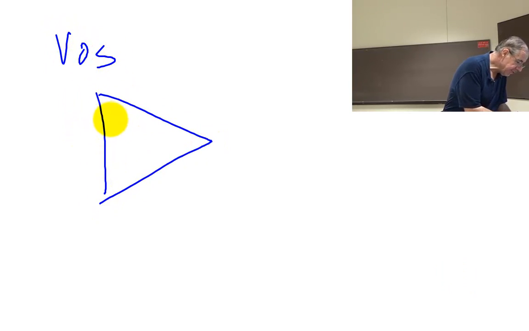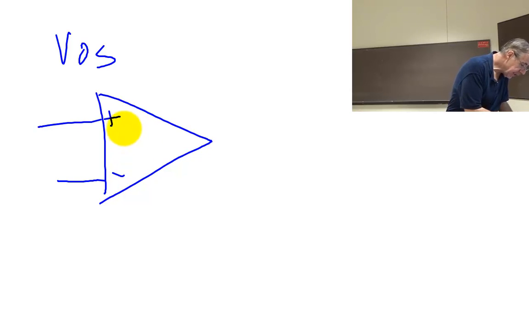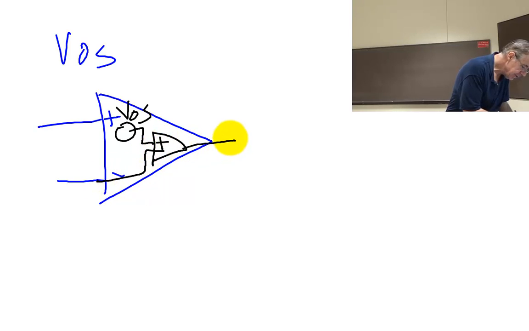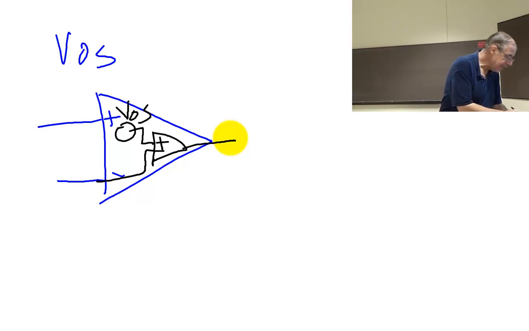All right. The offset voltage. Remember what that was? If we have the actual op amp like this, and we think of an ideal op amp inside, then the offset voltage is the voltage at the input.